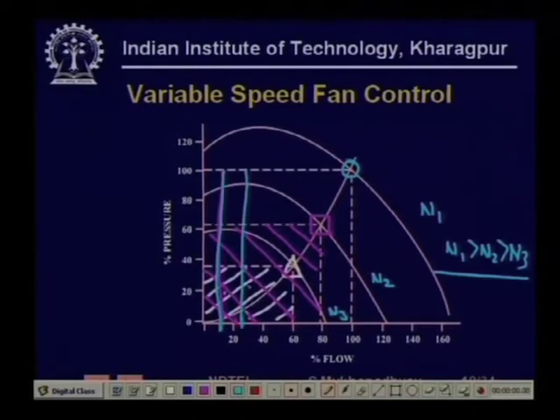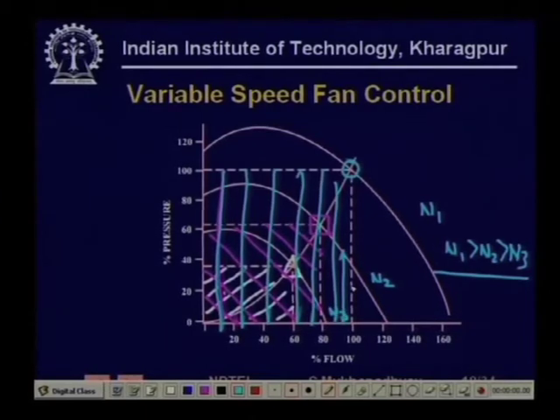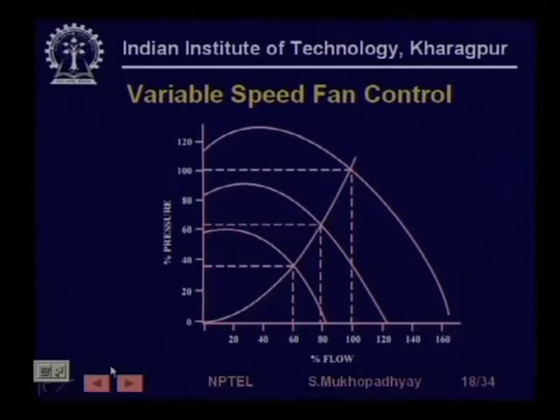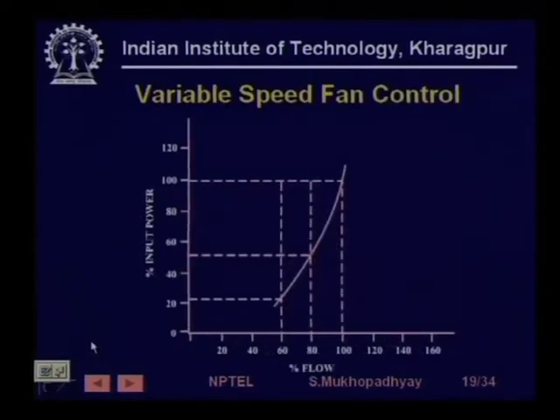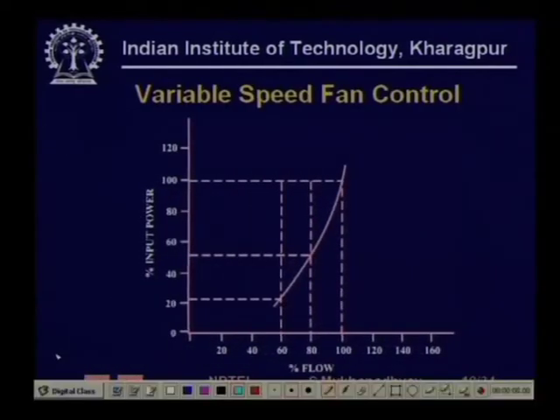You can very well understand that energy falls very sharply. That is why you are going to get a huge benefit in terms of energy savings. You can now see how sharply the power curve falls compared to what you had seen in the case of the outlet damper control.